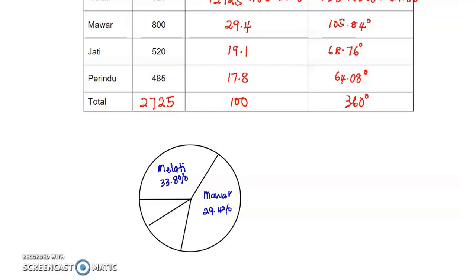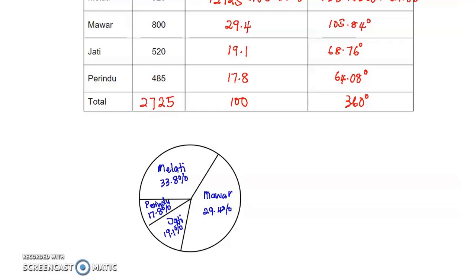And then this one Jati, and this one Perindu. So Perindu 17.8%, Jati 19.1%. Then don't forget to put title.